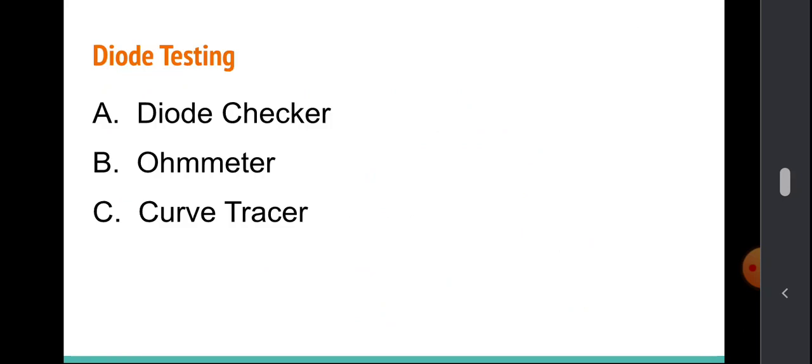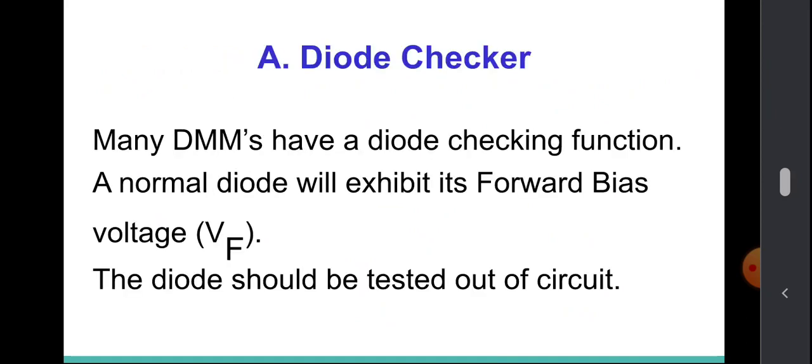Okay, diode testing. There are the diode checker, ohmmeter, and curve tracer for diode testing. For the diode checker, many digital multitesters, that is DMMs, have a diode checking function. A normal diode will exhibit its forward bias voltage or V sub F. The diode should be tested out of circuit.